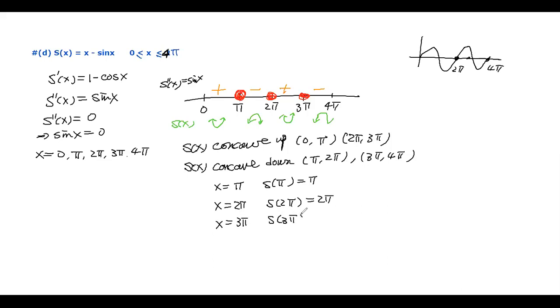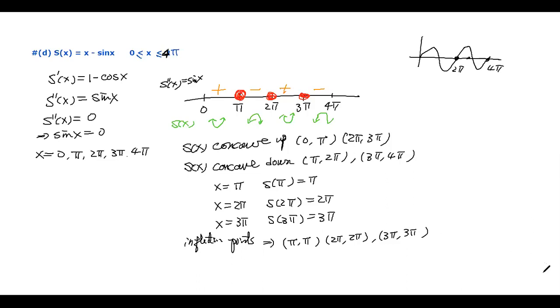So you plug into the original function, and this will be 3 pi. So here I have 3 inflection points: pi, pi; 2 pi, 2 pi; and 3 pi, 3 pi, right? Okay, so this one is not bad. The algebra part is also pretty easy.